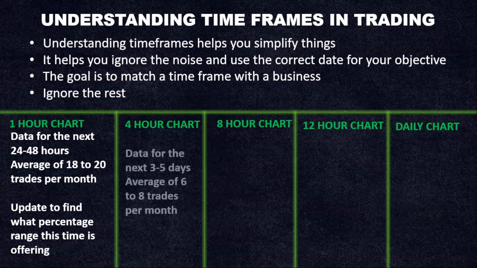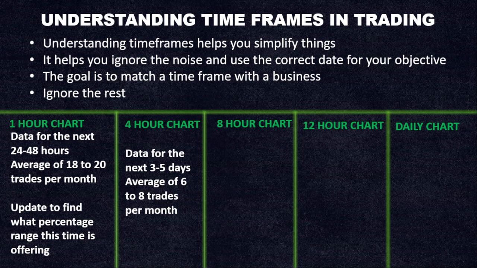If we go to the 4 hour time frame, the 4 hour time frame gives you data for the next 3 to 5 days. When you zoom out of the chart, the 4 hour time frame gives you data to analyze the market with for the next 4 to 5 days.